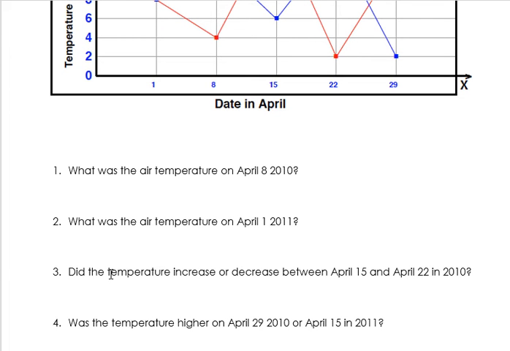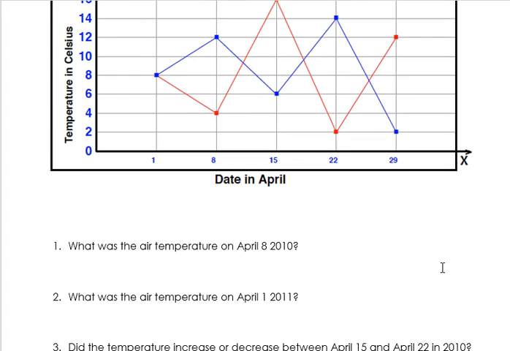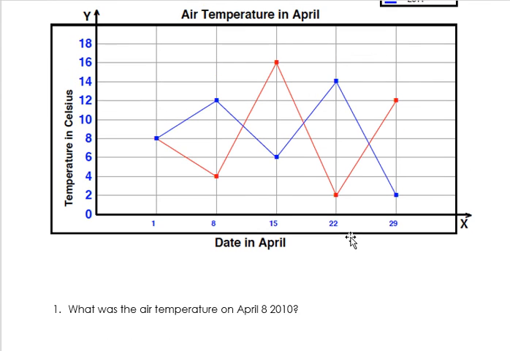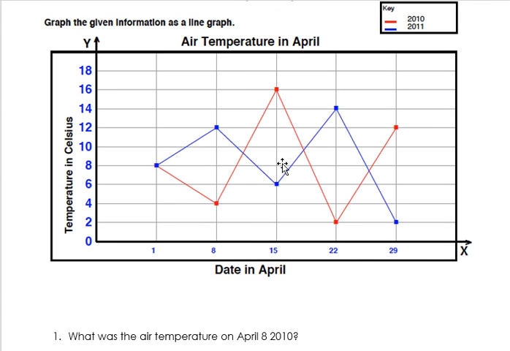Question 3 asks, did the temperature increase or decrease between April 15 and April 22nd in 2010? So we find April 15 and we find April 22nd and we find our red line, which we know is 2010.